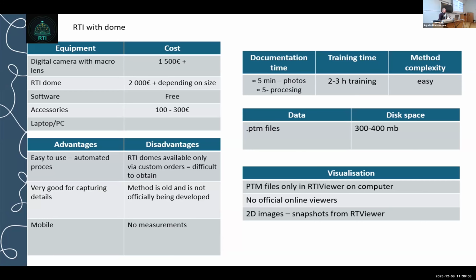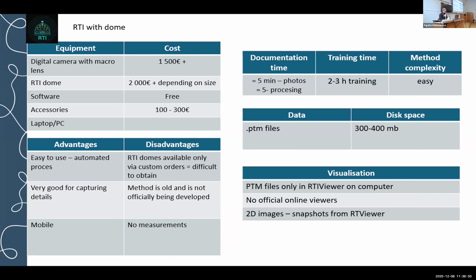The other disadvantage is that this method is actually quite old, because it was introduced to the audience in 2001, and it's not being developed. So the software has some bugs, and computers are changing, the operating systems that worked on computers are changing, but this software is in a static position.